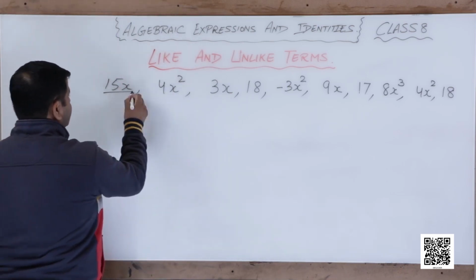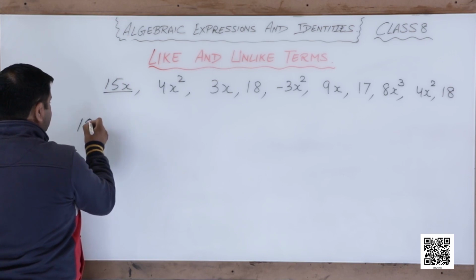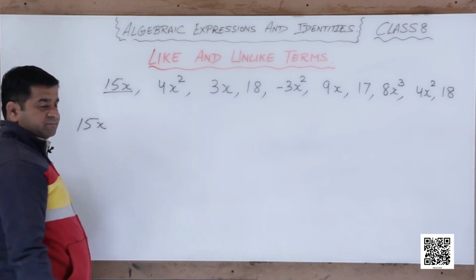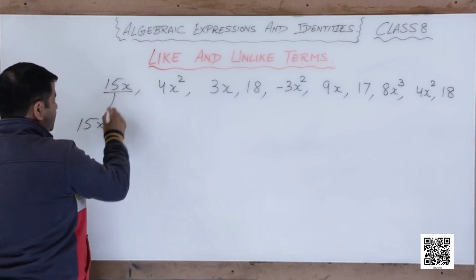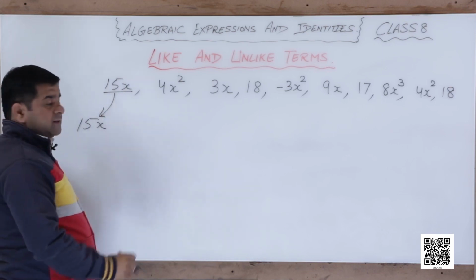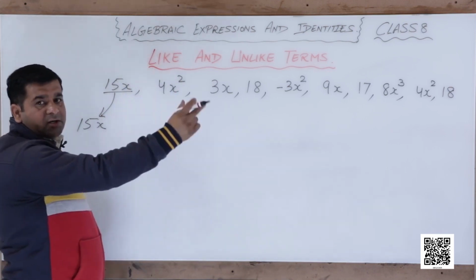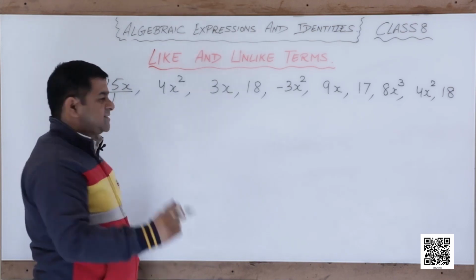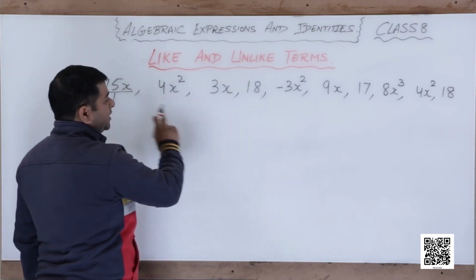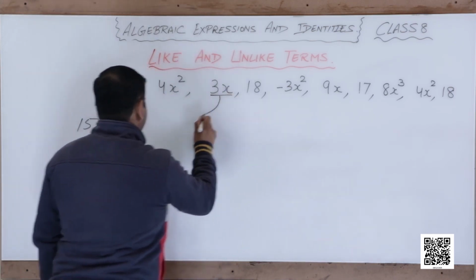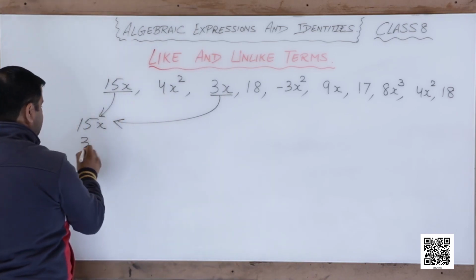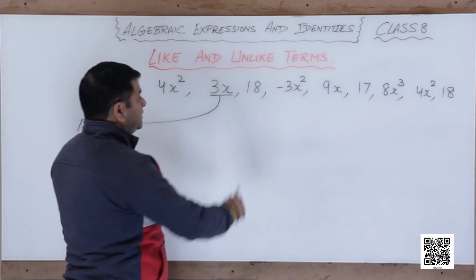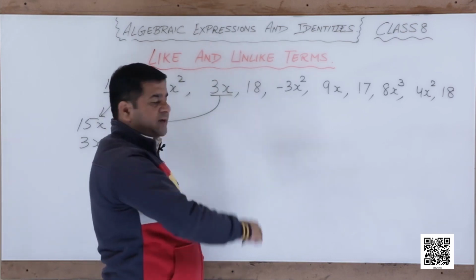See, this has the variable x. I put it here like this, 15x. Let's find out more terms with the variable x. It has x square, we won't take it. It has x, so we can take it here and we write it 3x. This is 18, so there is no x here.